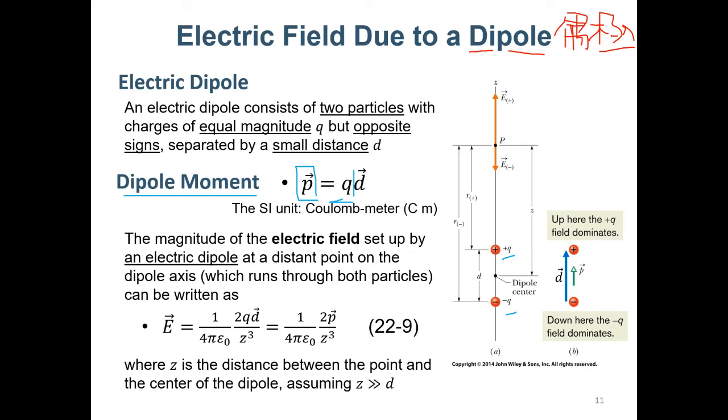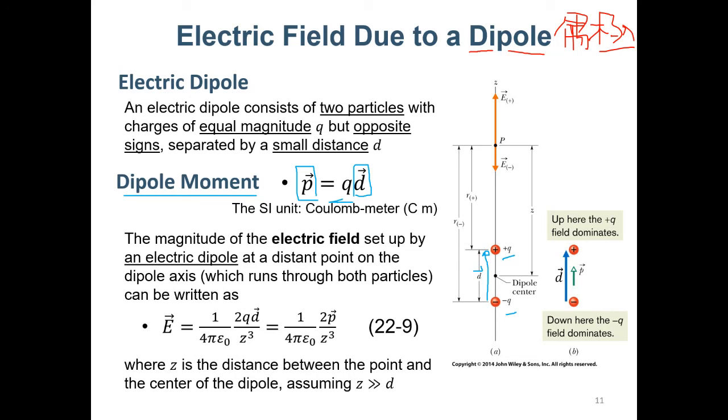So here we will define D as a vector. D is actually a vector pointing from the negative charge to the positive charge. So this is the D vector. So this is the dipole moment.